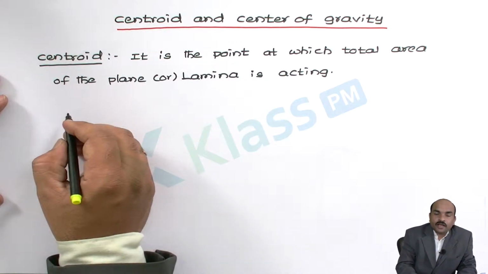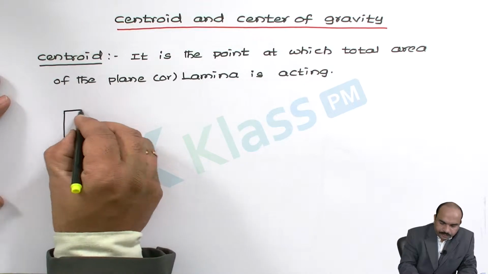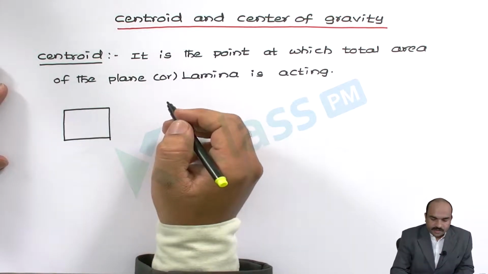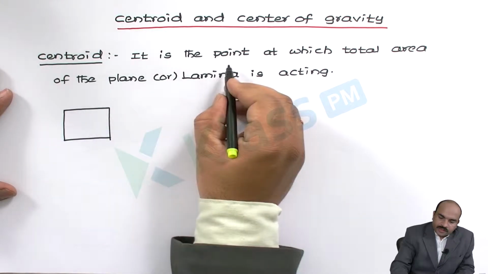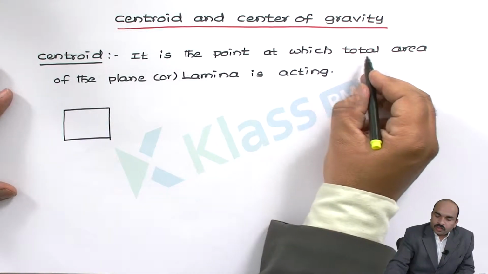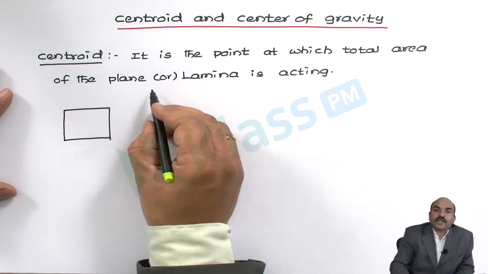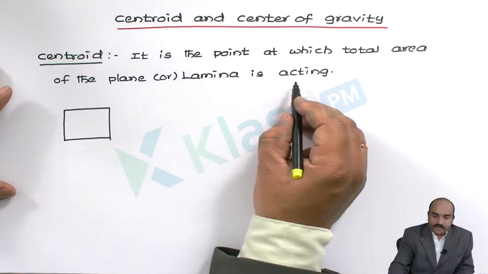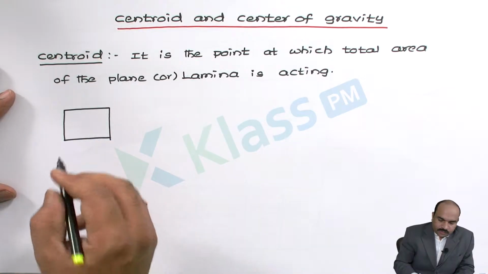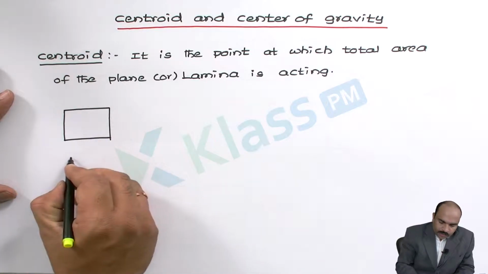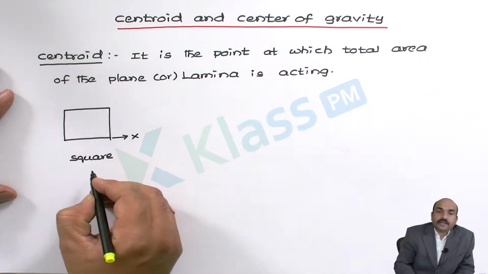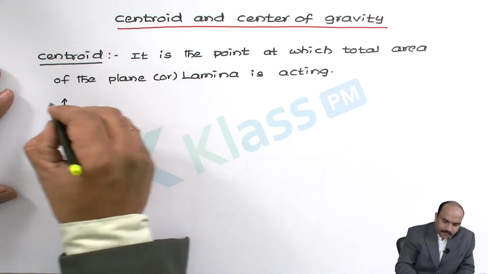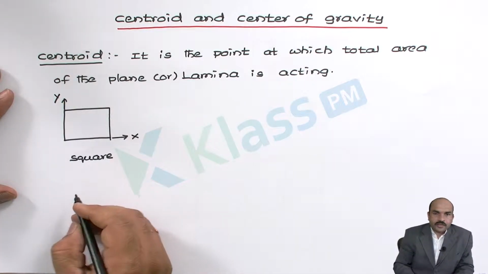Now let us take a simple diagram. So it can be defined as the point at which the total area of the plane or lamina is acting. Let us take, for example, this square plane. This is the x-axis and this is the y-axis.